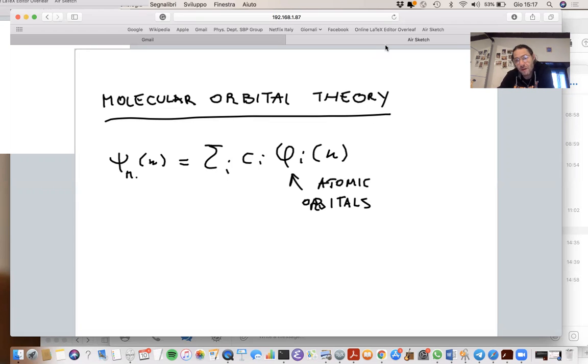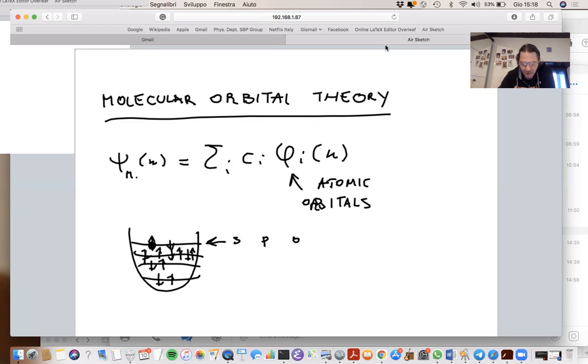So remember, what are the atomic orbitals? They are either S or P wave states that describe the last electron, in this case, that I feel after I employ mean field arguments to fill all the orbitals and have a bunch of electrons piling up energy levels according to the Pauli exclusion principle. And this may be, for instance, an S wave or a P state or D states, in which case we know exactly the function.